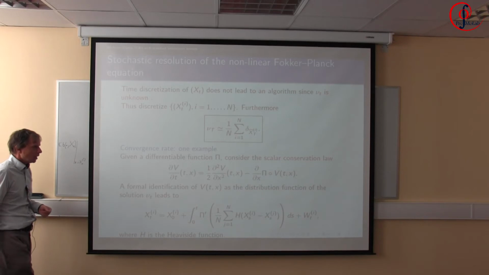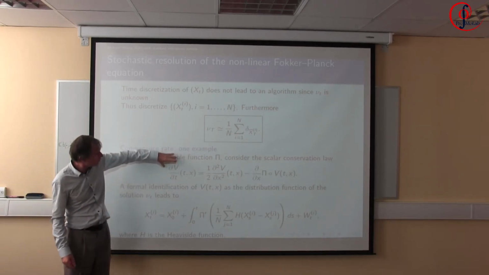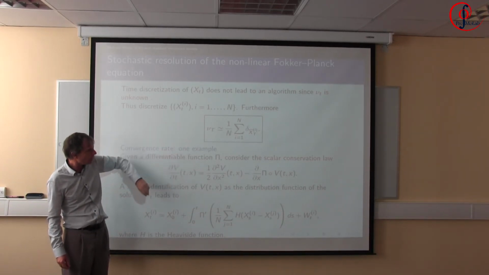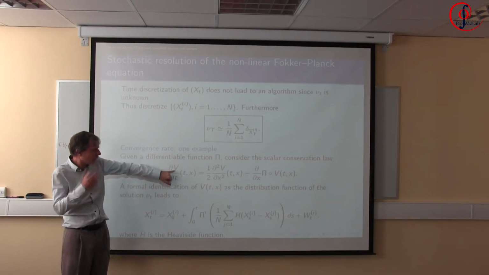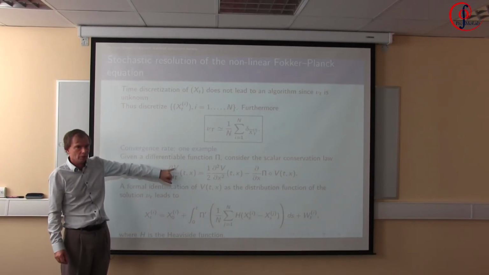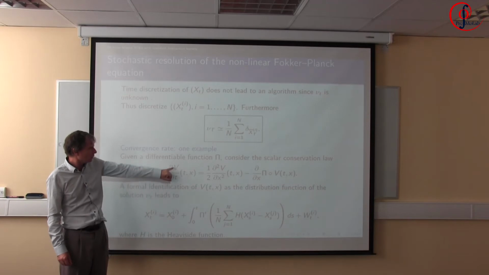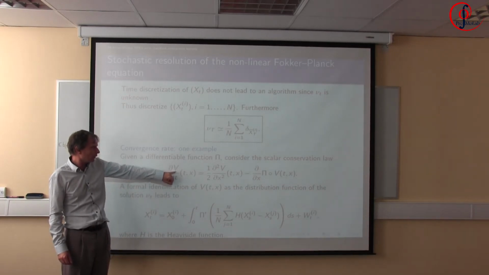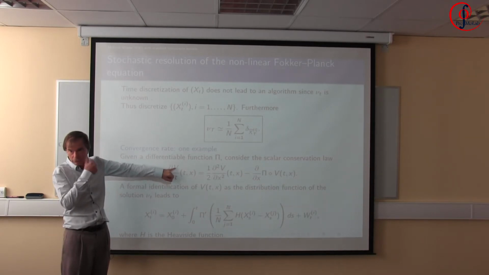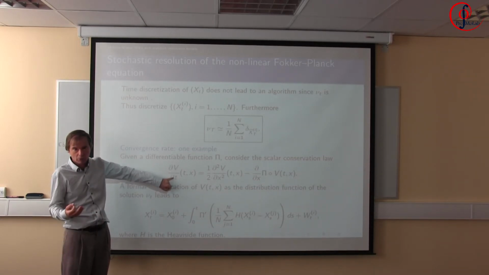which is very singular. But you can smoothen the problem a bit by considering that capital V should not be a measure, but you can interpret it as the distribution function. Let's say V naught at time 0 is a function, not a measure.